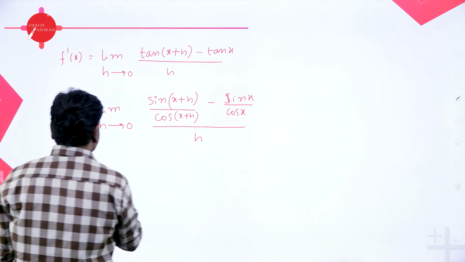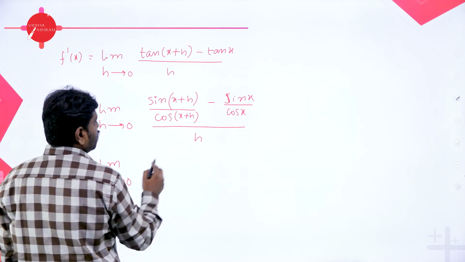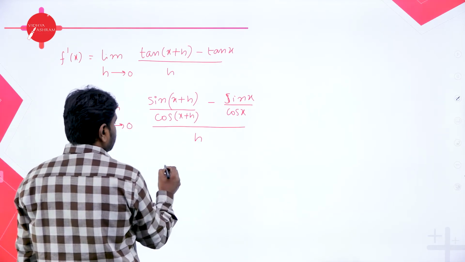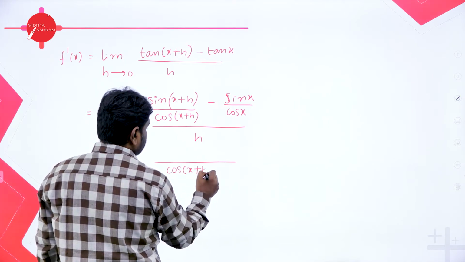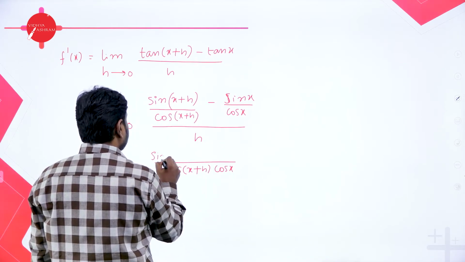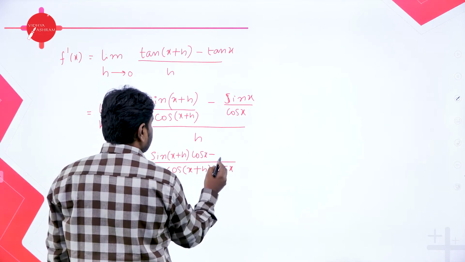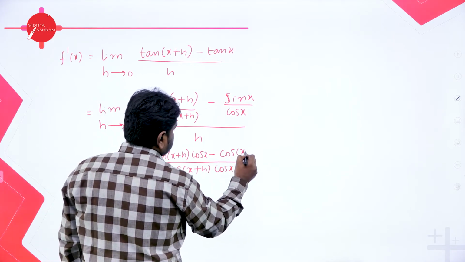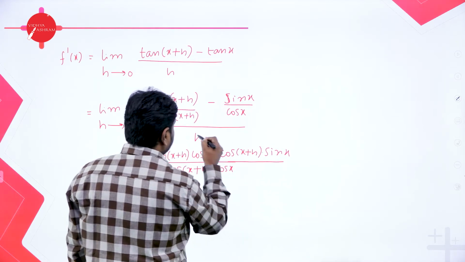Now further we'll simplify this, that is limit h tends to 0. Take LCM for the numerator. What is the LCM? Cos of x plus h into cos x, cross multiply. It will become sin of x plus h into cos x minus cos of x plus h into sin x. So in the denominator we have h.